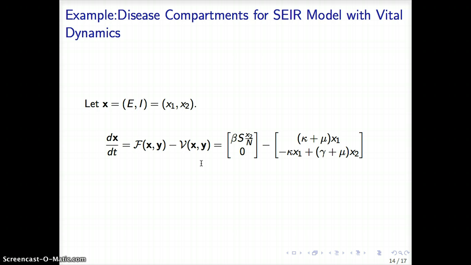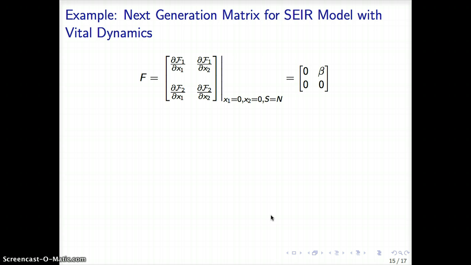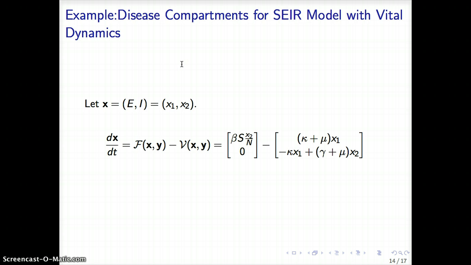With this formulation, what we do next is compute partial derivatives. So the matrix F is computed out of partial derivatives of the operator F. Let's take a look at that operator again. This operator, fancy F, is a vector. It has two components, the first of which is beta S times I over N. I is denoted here as x2.